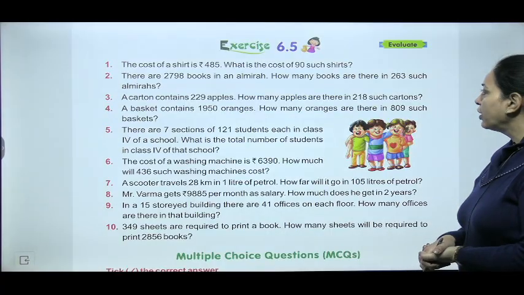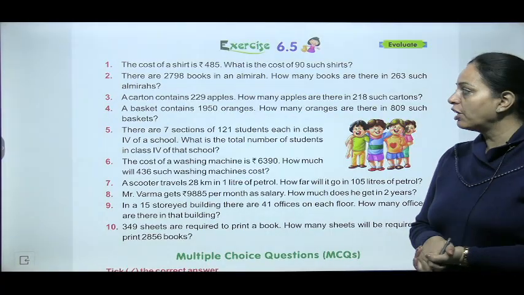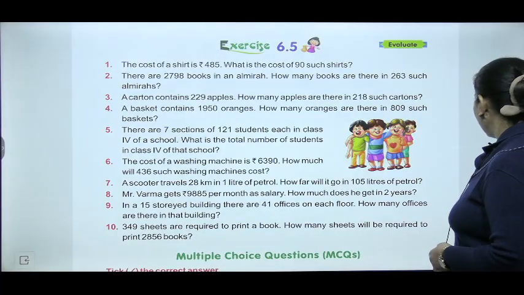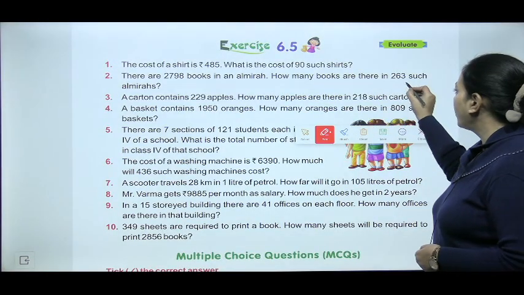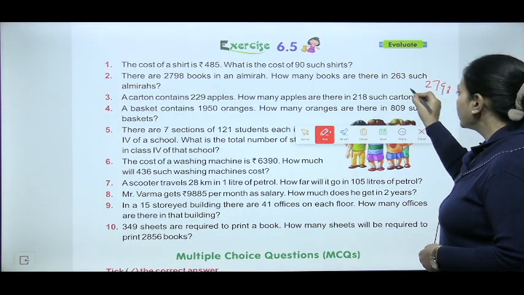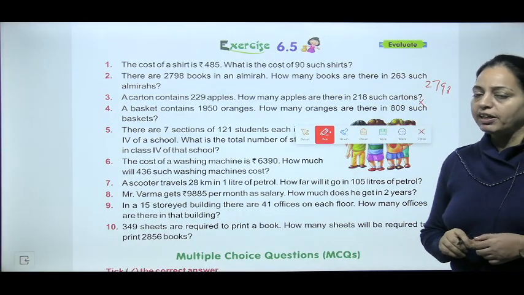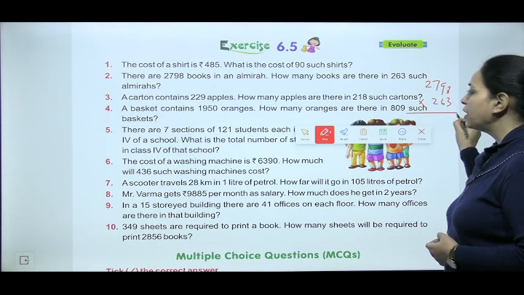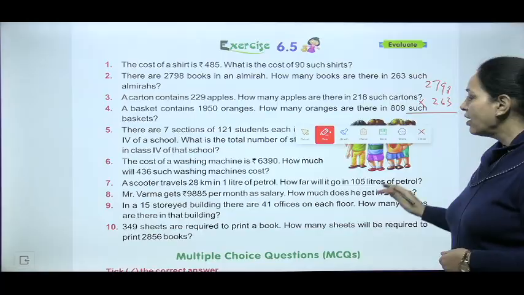How many books are there in 263 such almirahs? So it means multiply. So write the statement: number of books in one almirah 2798, number of books in 263 almirahs, it would be more. इन दोनों को करना पड़ेगा multiply. You will get the answer.